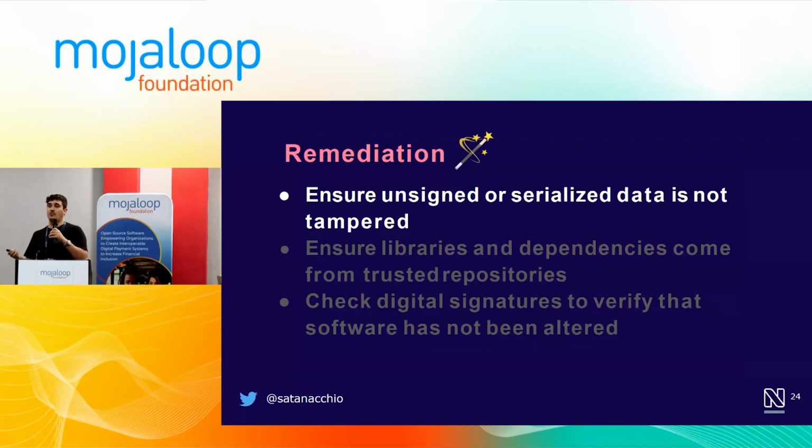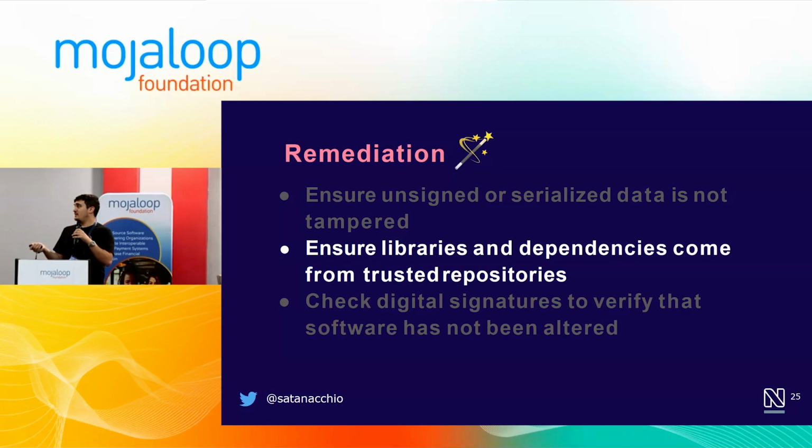JSON is a very common one, but this could also be if you are downloading dependencies from the internet in general. You always want to check the checksum file hash to see that it corresponds, or you want to download signed dependencies, but it needs to be signed. Ensure that libraries and dependencies come from trusted repositories.